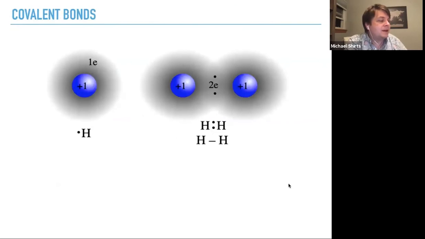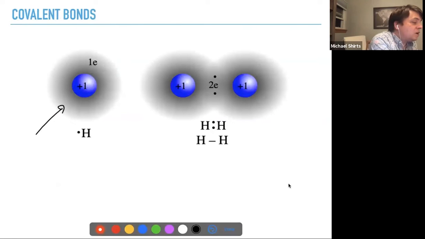More common are covalent bonds. If you look at atoms, here we're looking at hydrogen with one proton and one electron. Generally, we have an electron cloud around the proton.